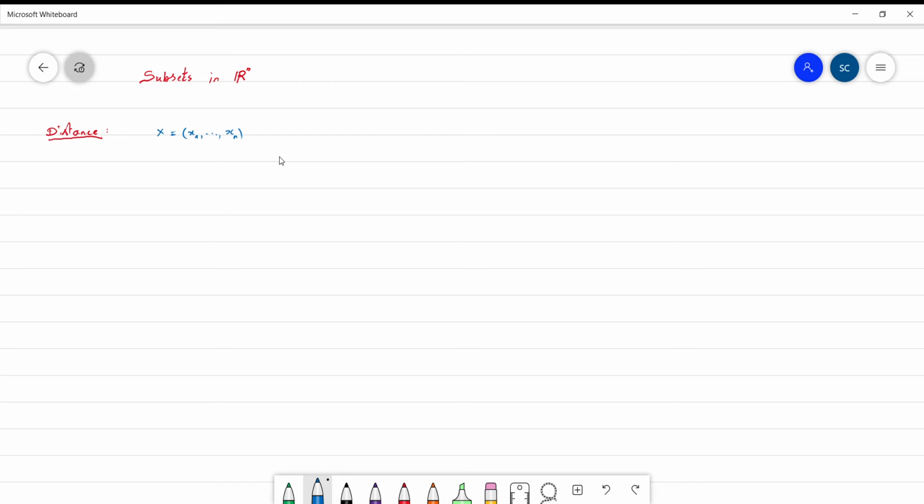So if you have 2 points, y1 and also yn, then the Euclidean distance that we denote like that is the square root of the difference x1 minus y1 squared, etc., plus xn minus yn squared. So the first coordinate of the first point with the first, etc., as usual.